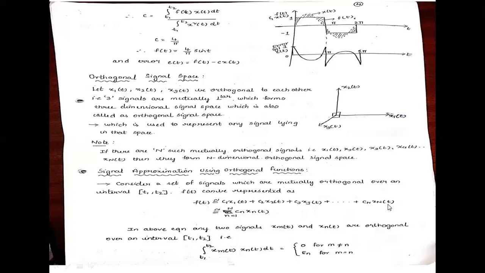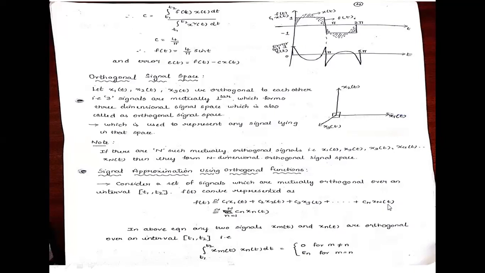If two signals are there, we can call them orthogonal signals. Whatever formula we use for two signals, the same formula we use in the orthogonal signal space, but it has more than two signals. Comparing two signals, if I take x1 and x2, what is the formula I get?